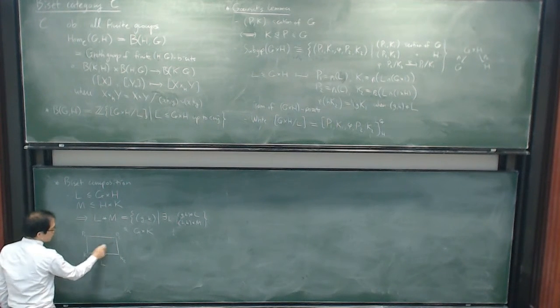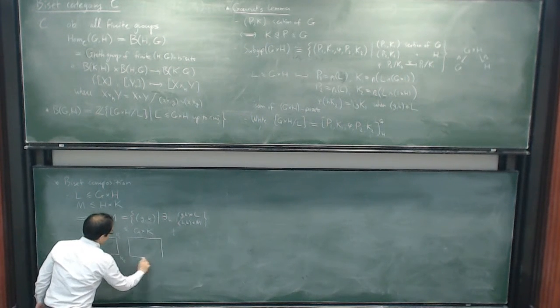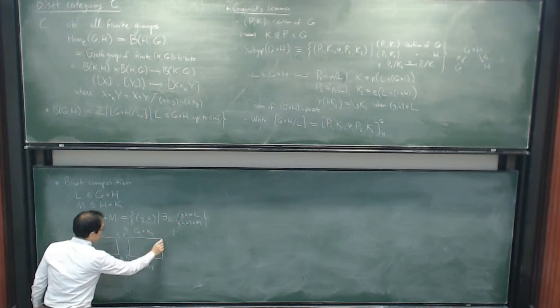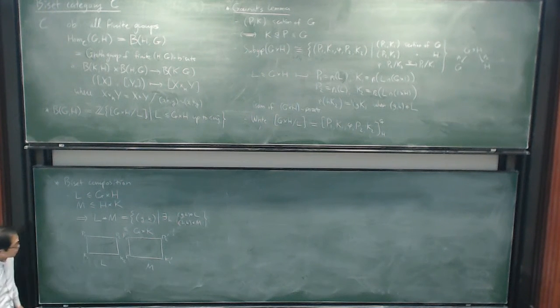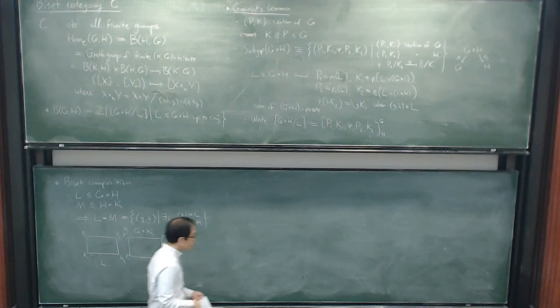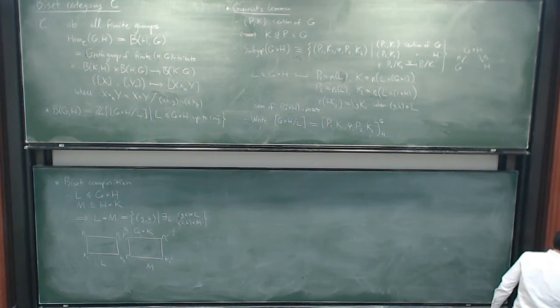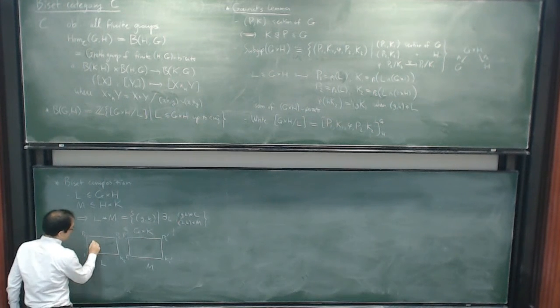And M is pictorially represented as P1', K1', P2', K2'. Then their relation product, the correspondence product, is something in between.